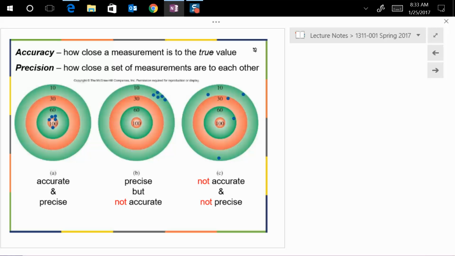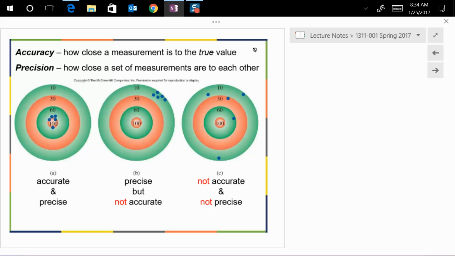Okay, so your method for measuring this density is consistent, meaning that you're doing it the same way and it's giving you the same result, but something's wrong with it because you're not hitting your target. Okay? Now, if you measure it and you're all over the place, you don't have precision or accuracy. Okay? So that's the difference between these two terms.